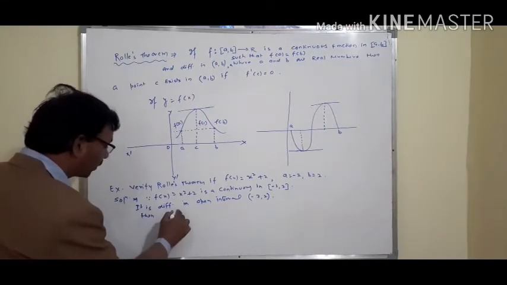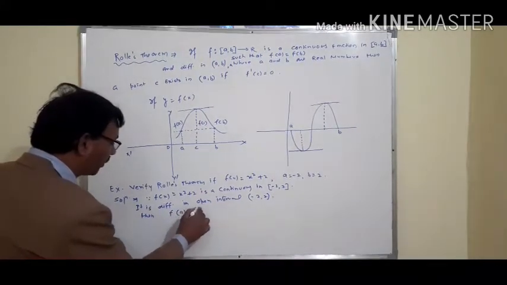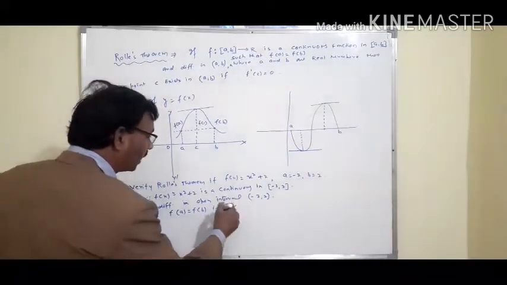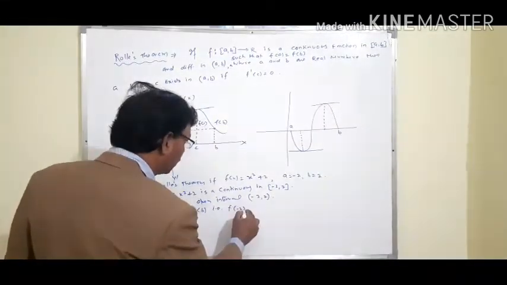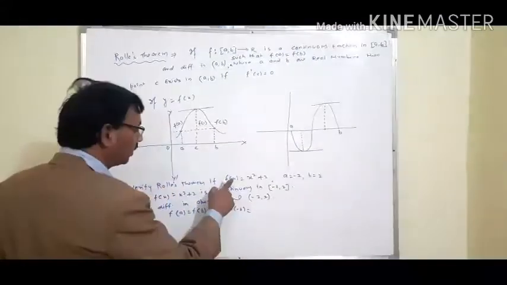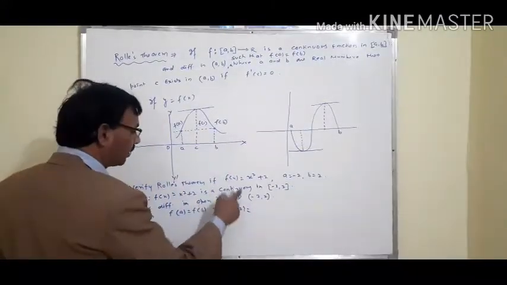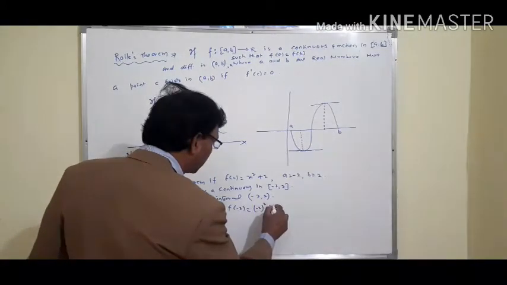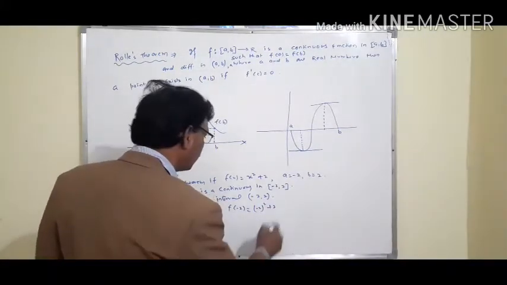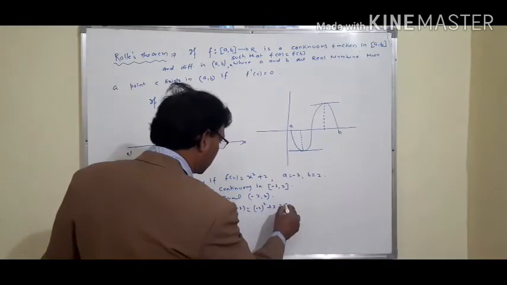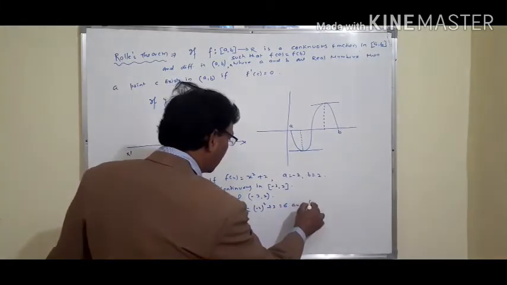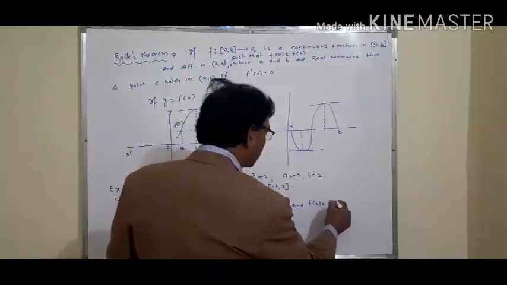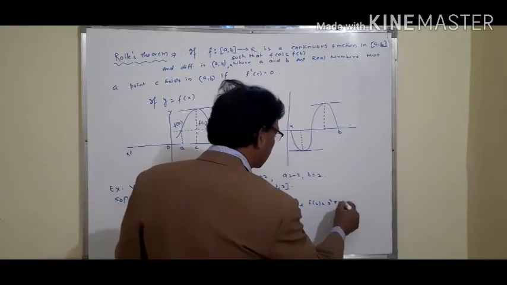Then we will prove that f of a equal to f of b. That is, f of a means f of -2 equal to, putting the value of x, on the place of x -2, so this will be (-2) whole square plus 2 equal to 6, and f of 2 equal to square of 2 plus 2 equal to also 6.